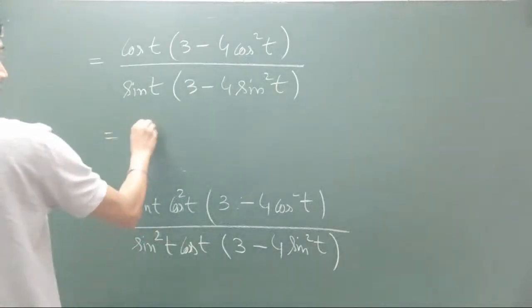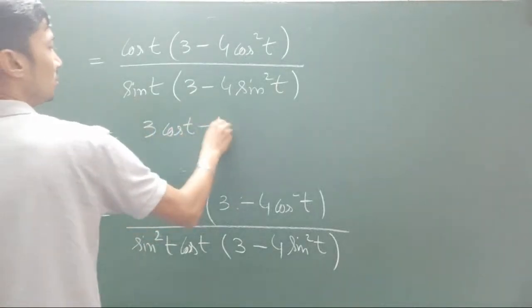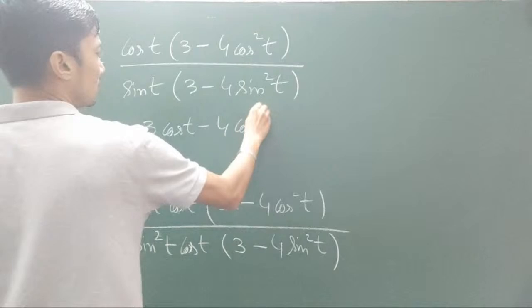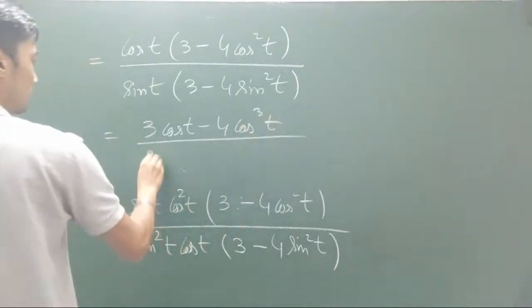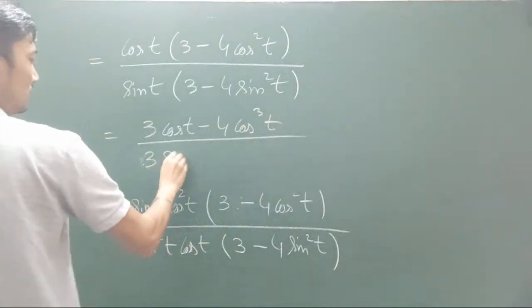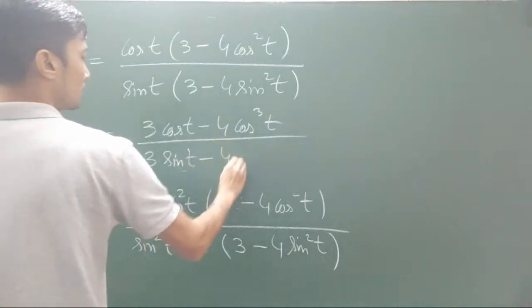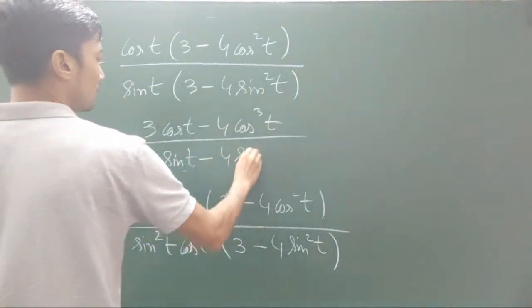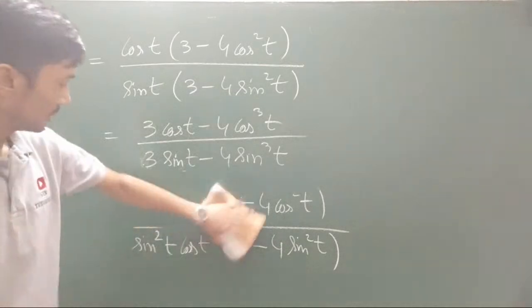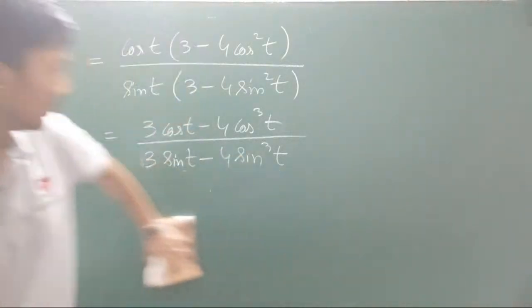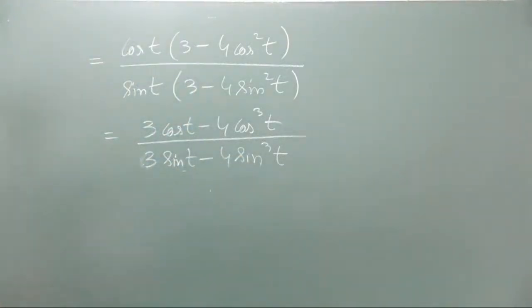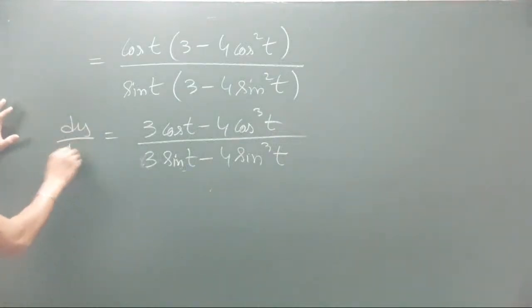Something like 3 cos t minus 4 cos cube t over 3 sin t minus 4 sin cube t. Okay, so if you have your trigonometric formulas, can you just check once? If I'm not mistaken, this is dy by dx.